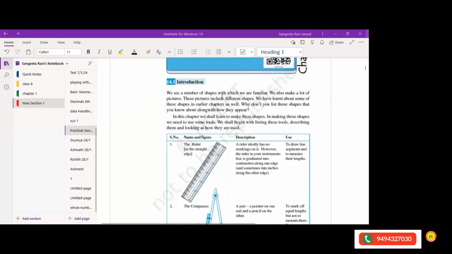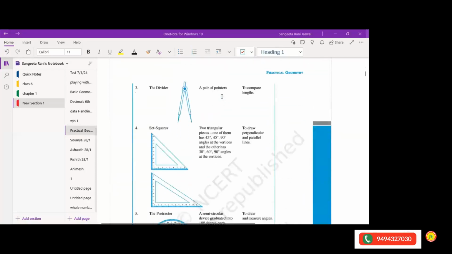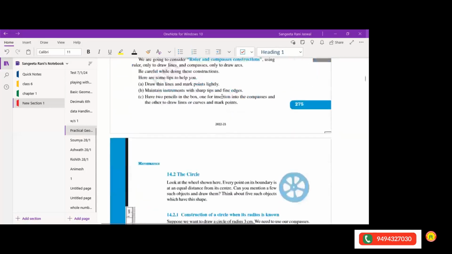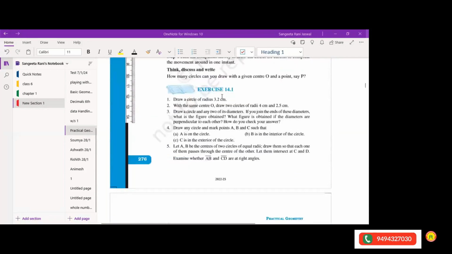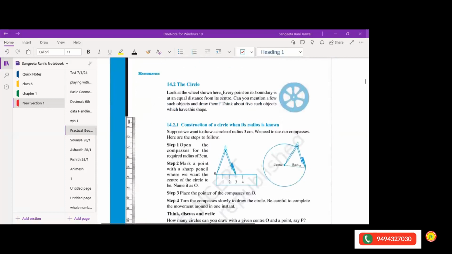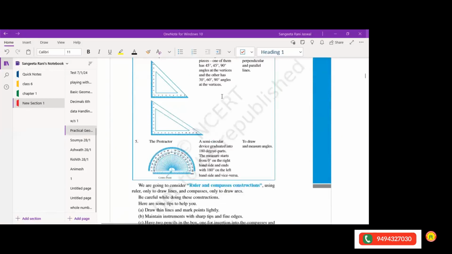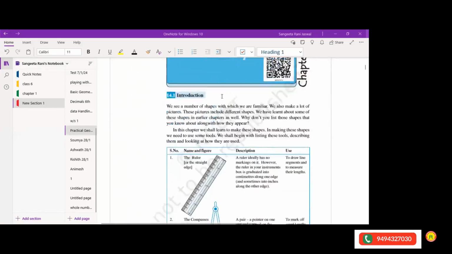Hello, can you see the screen, children? Yes, ma'am. I think only Charvik is there. The rest have just put on the system and left their seats. Okay, so we don't need to do this again.